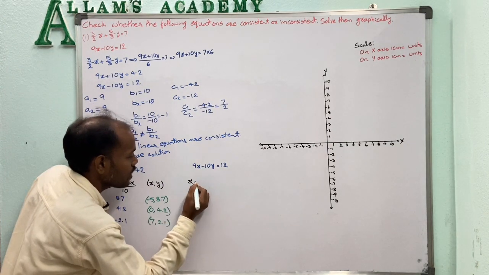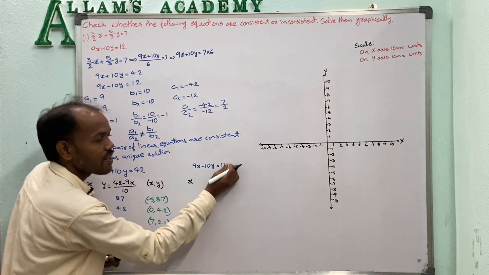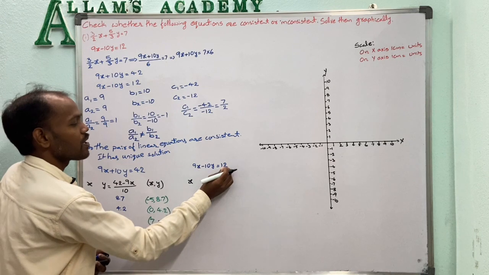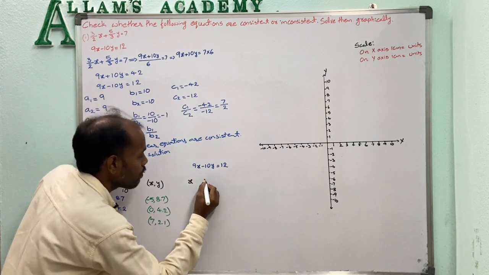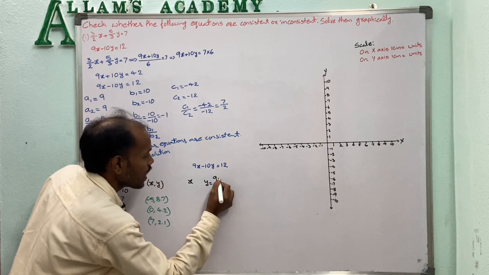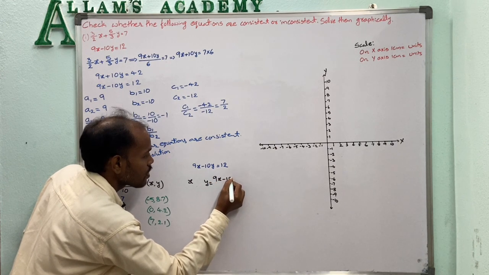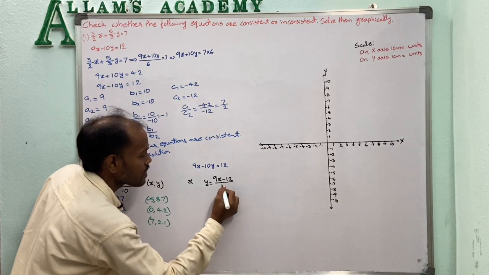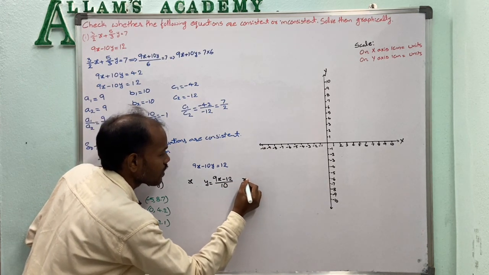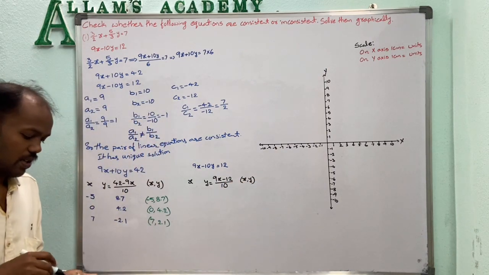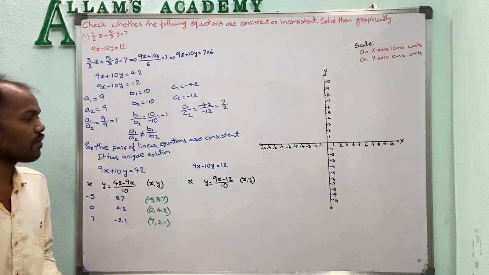So minus 10y is transferred to this side as plus 10y, and plus 12 is transferred to this side as minus 12. So y equals 9x minus 12, and the multiplication is transferred to this side as division by 10. Okay, now we substitute x values.